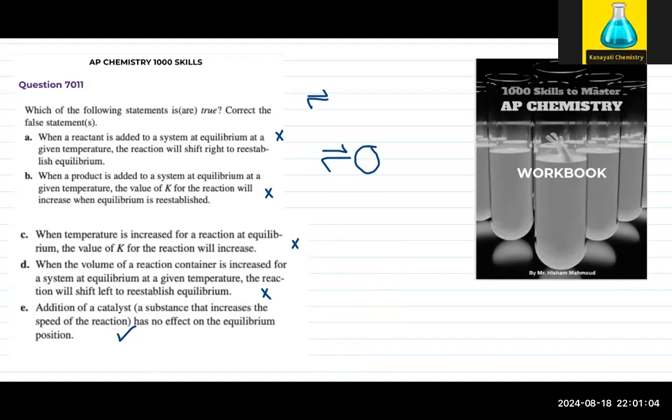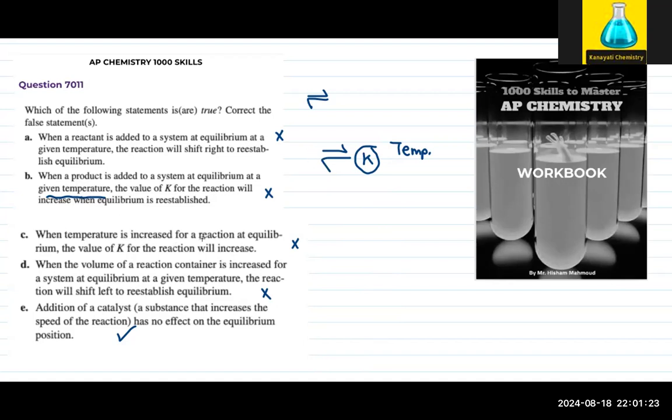I know that if the temperature remains constant, then the value of K is constant. I know the only factor that affects the value of K is temperature. So since we are saying that this is at a given, fixed temperature, then the value of K will never be changed.